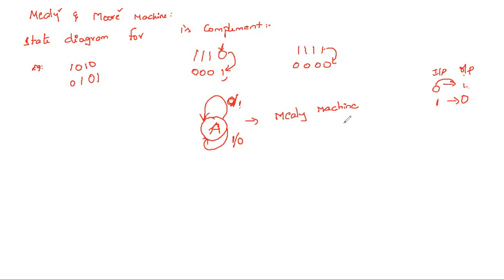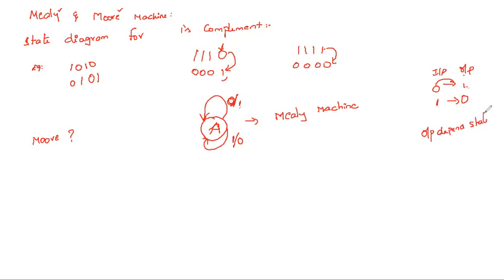Now I want a Moore machine. How do we draw the Moore machine? In Moore, output depends on state only.